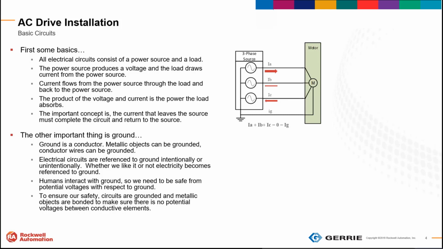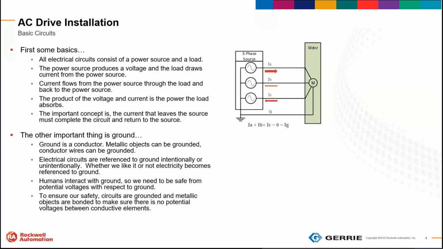If there's a break in that connection, we don't get current flow. The product of the voltage and the current is the power the load absorbs, so it's the combination of the two. The important concept is that the current leaves the source, must complete the circuit and return back to the source, which is always an important one for us in this case.